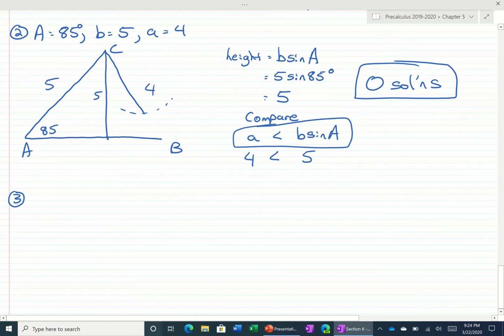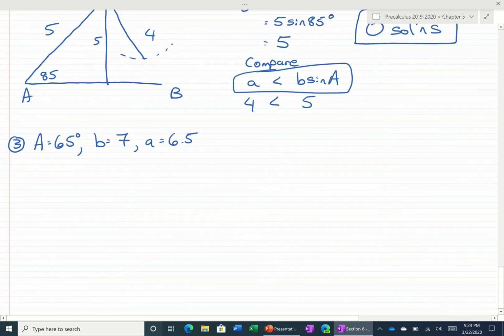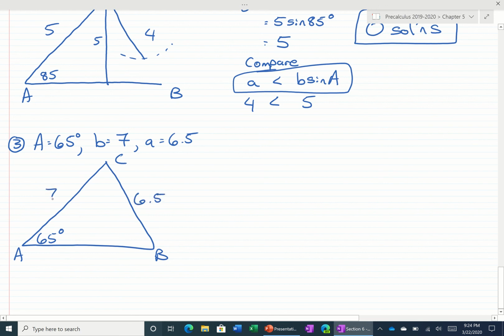Let's say we have angle A is 65 degrees, side B is 7, and side A is 6.5. Let's draw triangles. And the first step is we always find the height.